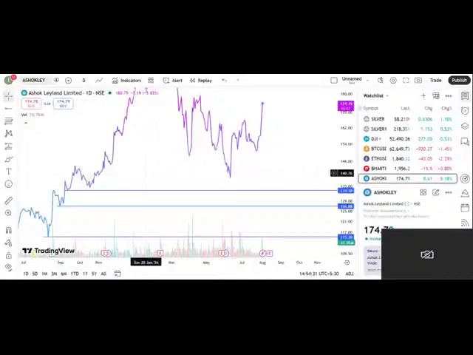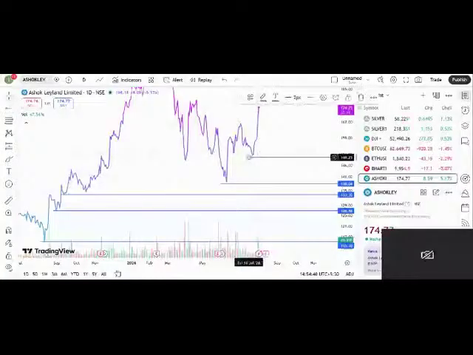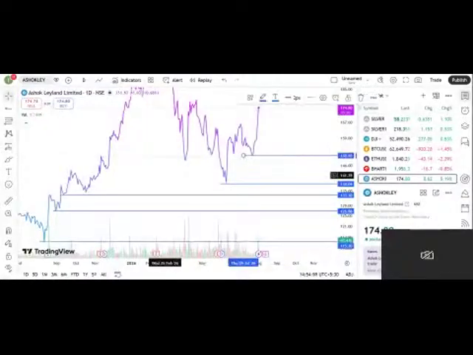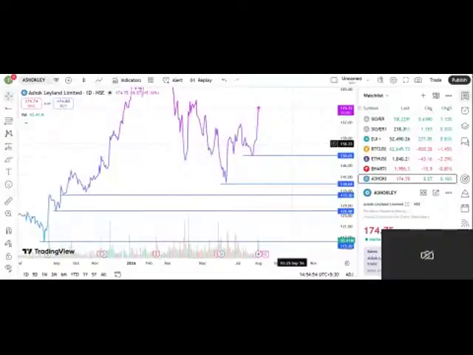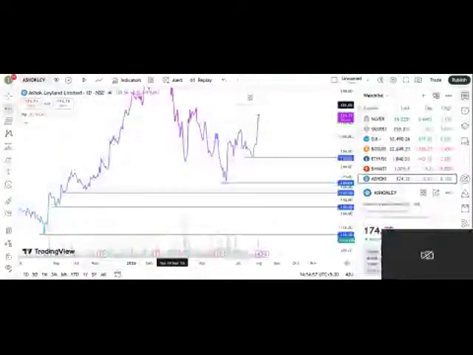We will be doing exactly the same things. Okay, so here is also a support. And if I talk about the resistances, there are some resistance here as well, just like this.